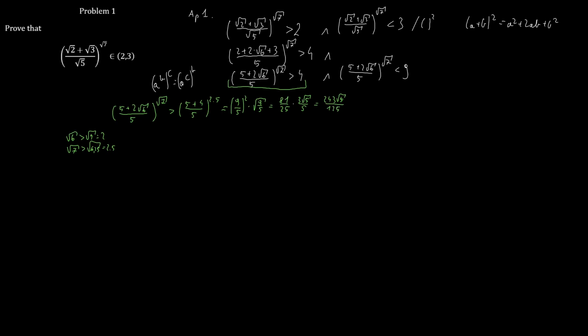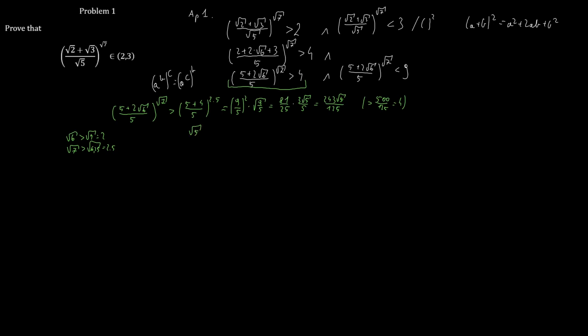And what we need to prove is that this thing is more than 4, so more than 500 over 125, because this is 4, right? So the only thing is to prove that 243 times square root of 5 is more than 500. Let's prove that.